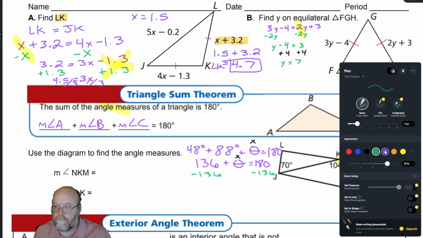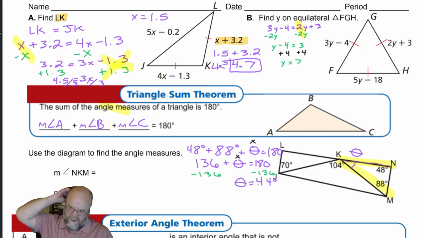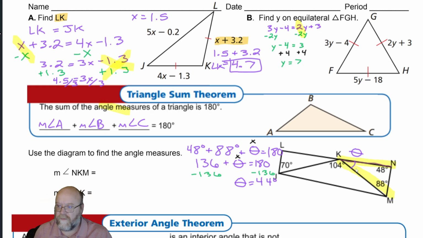Okay. So theta is equal to 44 degrees. Okay. This one's 44. This picture is not the best, but that's okay. All right, so this one's going to be 44 degrees. Maybe put the 88 over here next time.